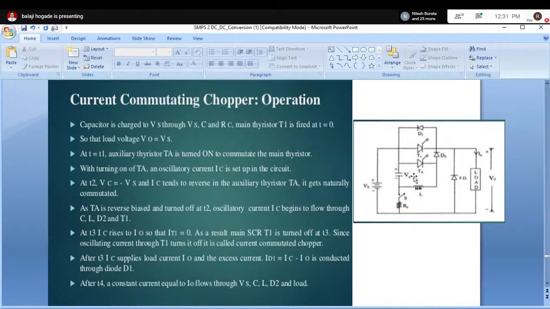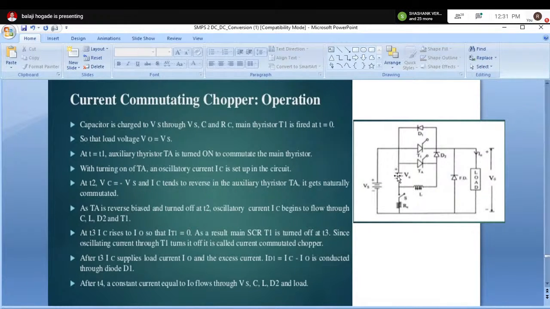Oscillatory current means a sinusoidal type of current will be flowing through the circuit. IC is set up in the circuit at Vc equal to Vs. That means this capacitor is fully charged.